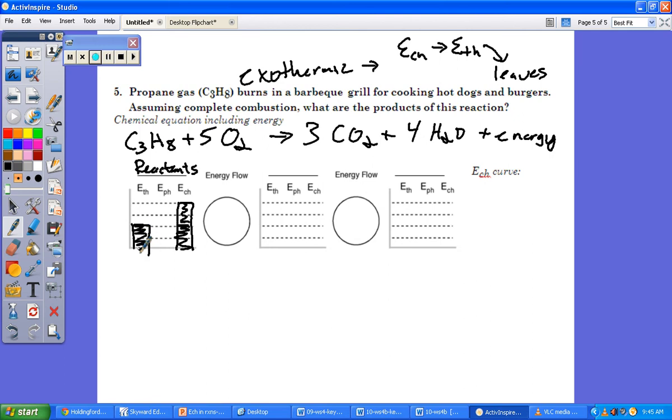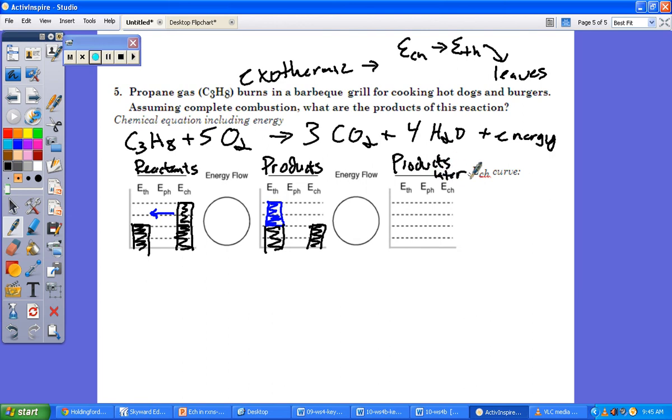And what first has to happen is this chemical energy is going to change to thermal energy. So I'm going to draw that in blue here. That has not left the system yet. But this happens very quickly in combustion reactions. Right? That's why we see the flames. That's why things explode sometimes with combustion reactions as well. So products here in the middle, and then eventually products later on, we're going to have a cooling down effect.